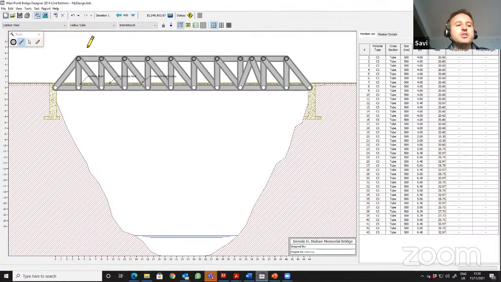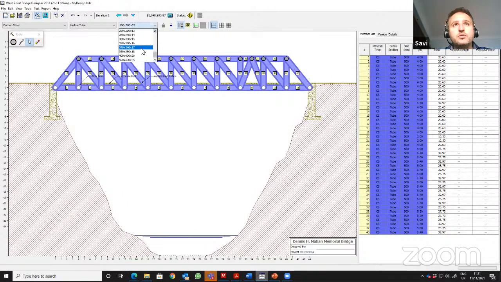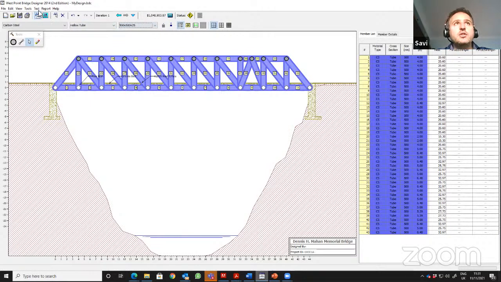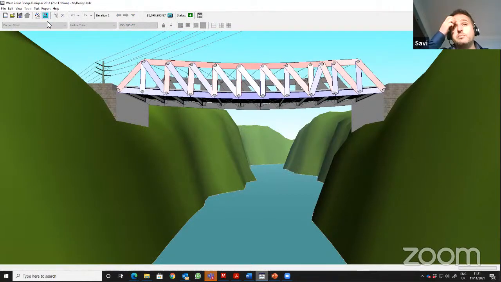You can then change the kind of material. If you select these, for example, I want to increase the size of the members this way. I want to use hollow tubes rather than steel. Then you can use the load test function to test the bridge, which tells you if the bridge is resisting.